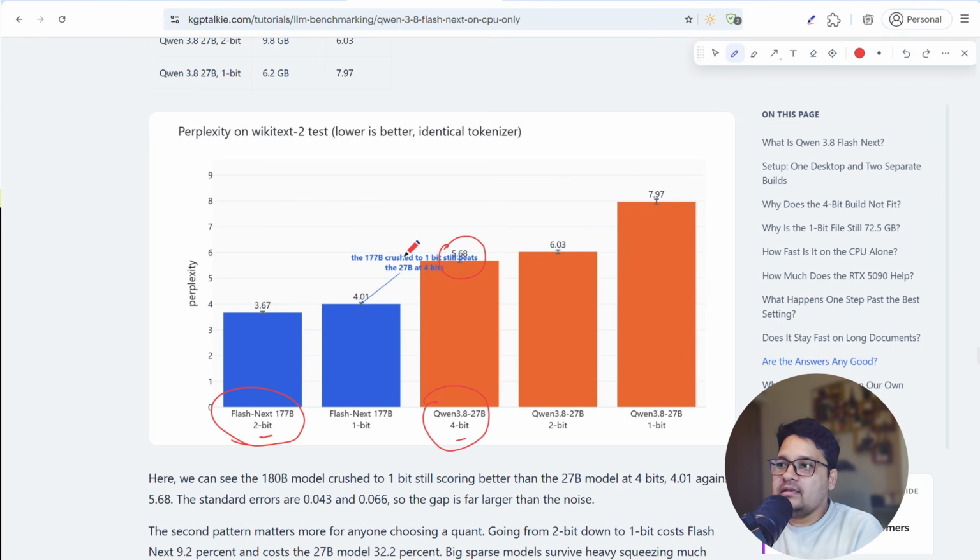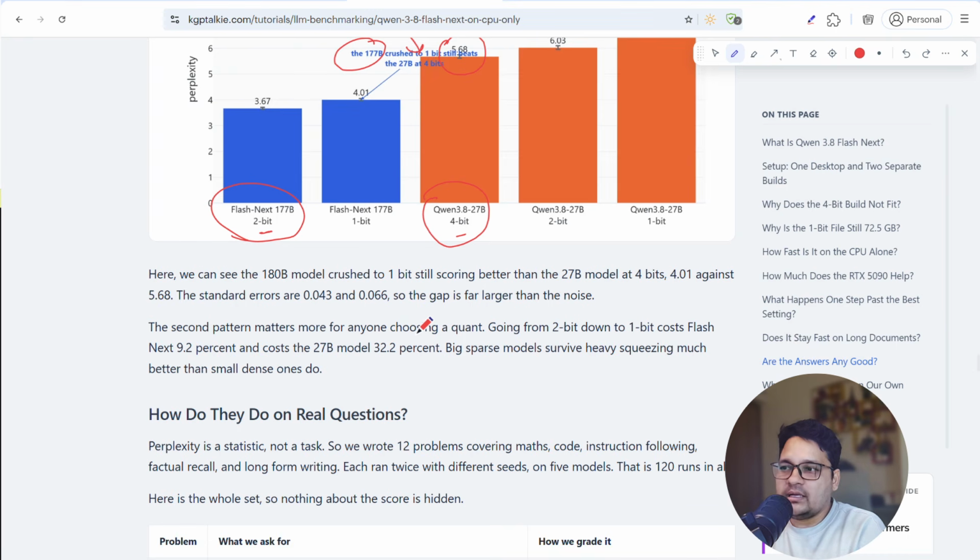So I can say this particular model, which is compressed to 1 bit and 2 bit, is performing much better than the full-fledged Qwen 3.8 27 billion parameter with 4-bit quantization.